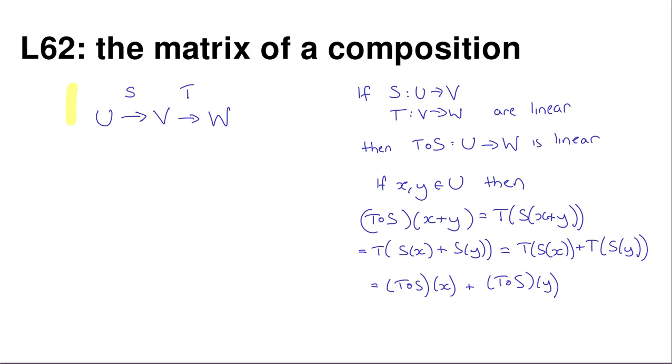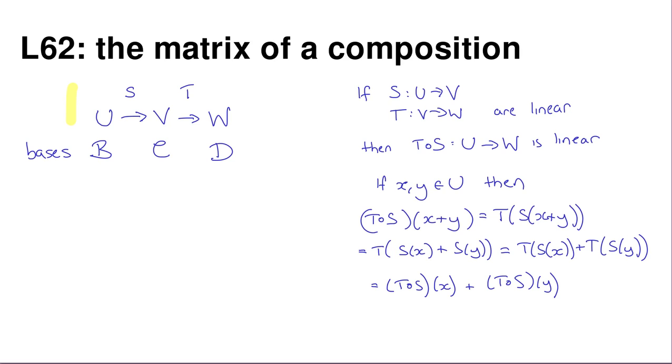So let's suppose we have some bases for our vector spaces U, V, and W. We'll take a basis B for U, C for V, and D for W. We can then start thinking about matrices of linear maps.